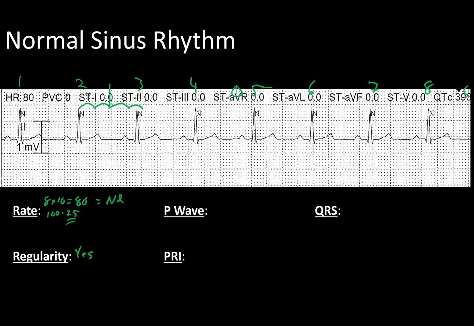But because it's regular, we can actually count, and so we'll say that that is 5, 10, 15, 16, 17, 18, 19. So 1500 divided by 19 will give us 79.